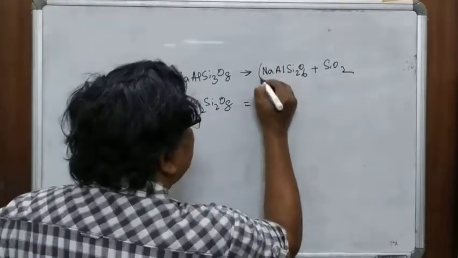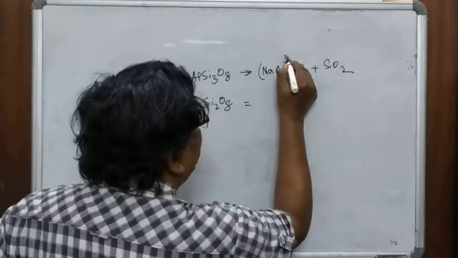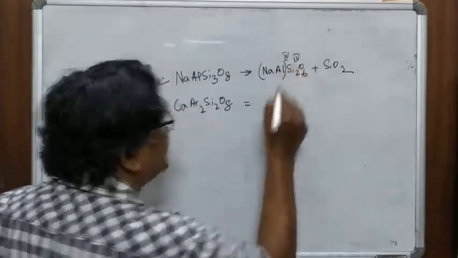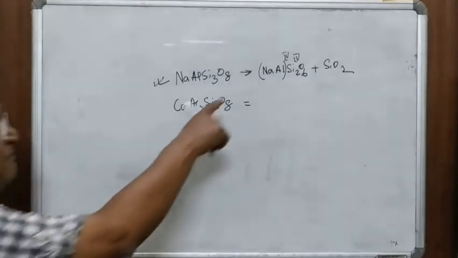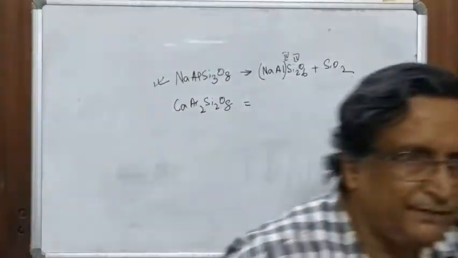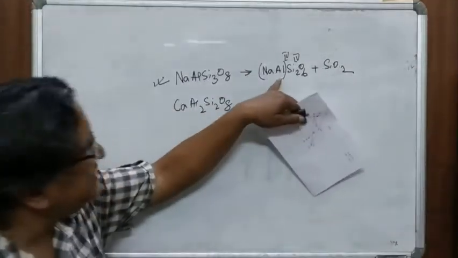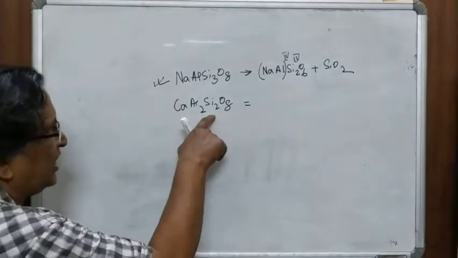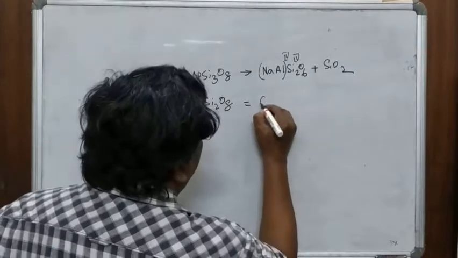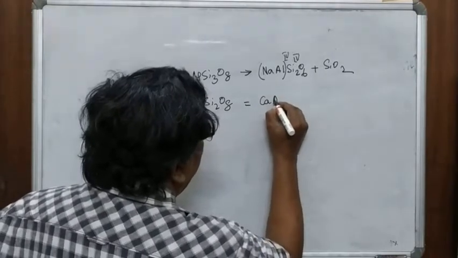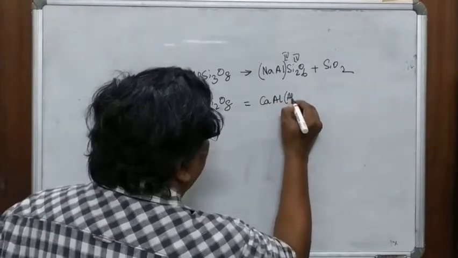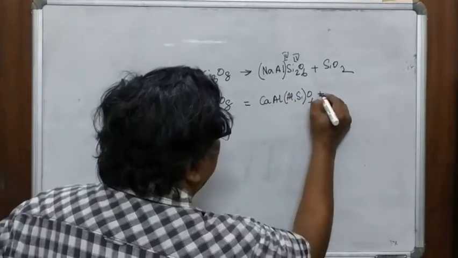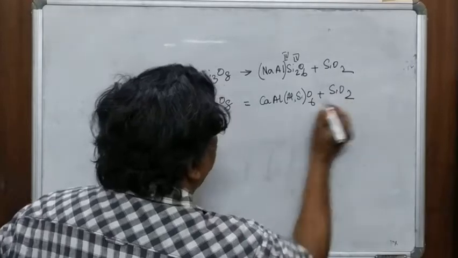NaAlSi2O6, this now is in the octahedral side, and this now is in the tetrahedral side. And this mineral is jadeite. And if you take the anorthite component, then you have CaAlSi2O6 plus SiO2.